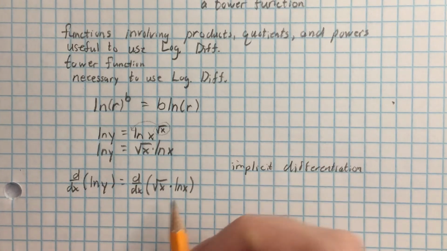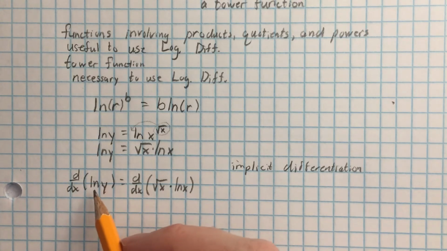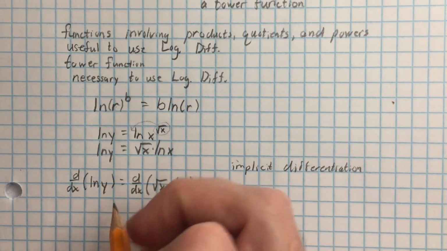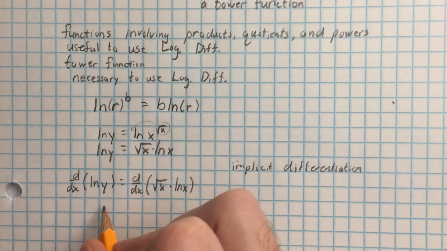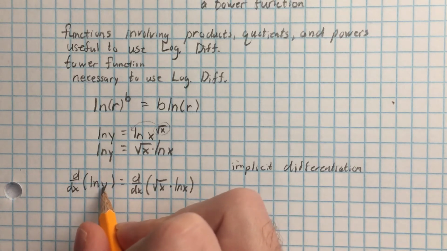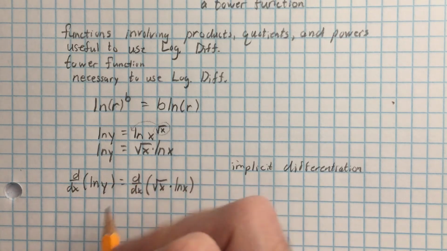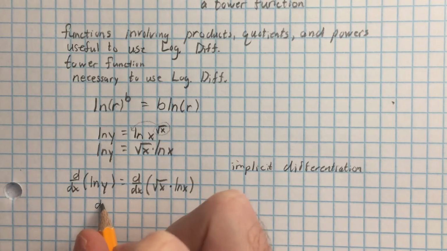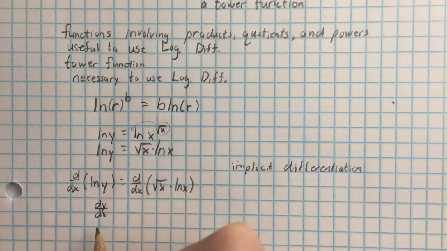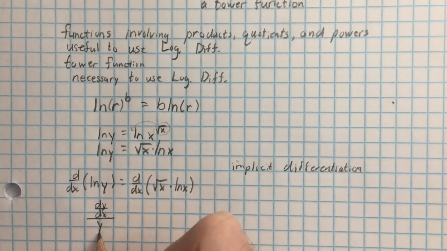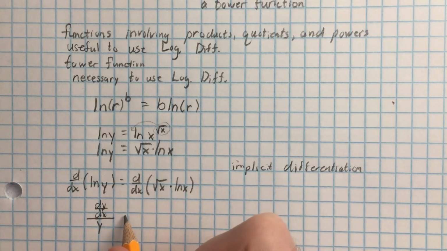They're actually both quite easy, and the left-hand side always turns out this way. It's always the derivative of ln y, which will be, as we mentioned before, the derivative of the argument over the argument. So you'll have dy dx over y on the left-hand side.